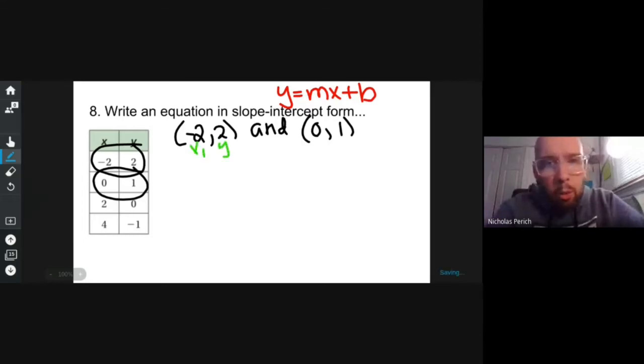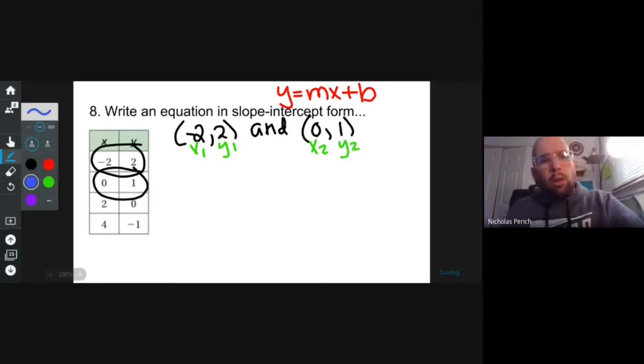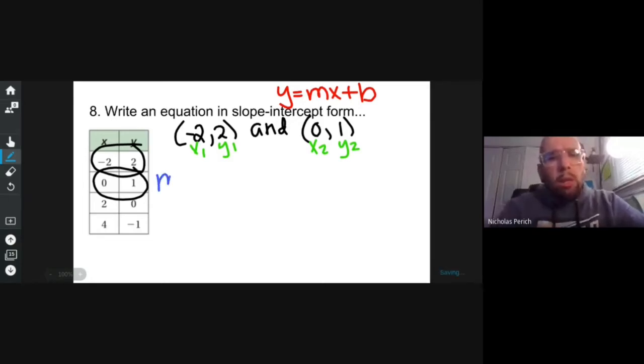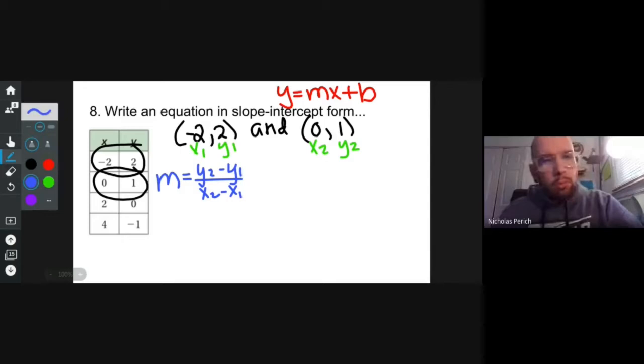Let's label those points x sub 1, y sub 1, x sub 2, y sub 2. M equals y sub 2 minus y sub 1 over x sub 2 minus x sub 1.